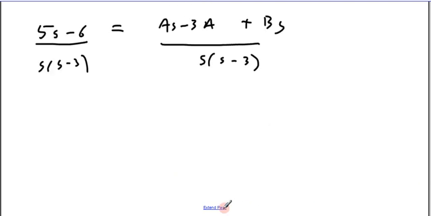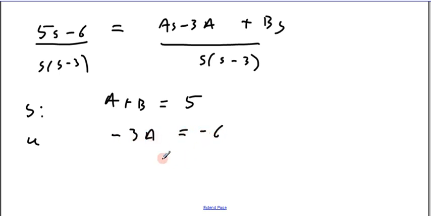I look at the s term, and I see that a plus b has to be 5. And I look at the unit term, and I see that minus 3a has to be minus 6, implying that a is going to be 2. Well, if a is 2, then b has to be 3 in order for a plus b to be 5.